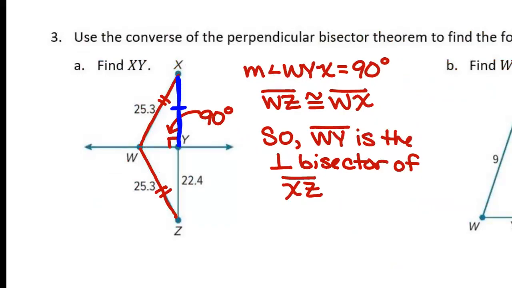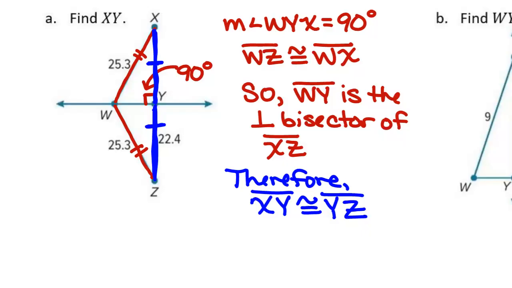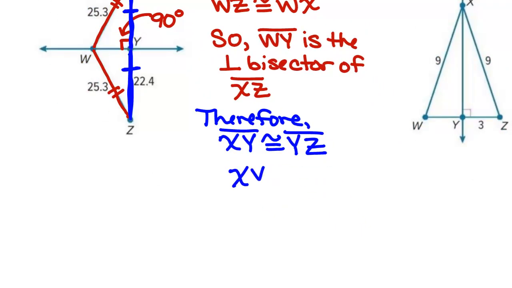This segment here would be congruent to this segment here. XY is congruent to YZ. So XY equals 22.4.